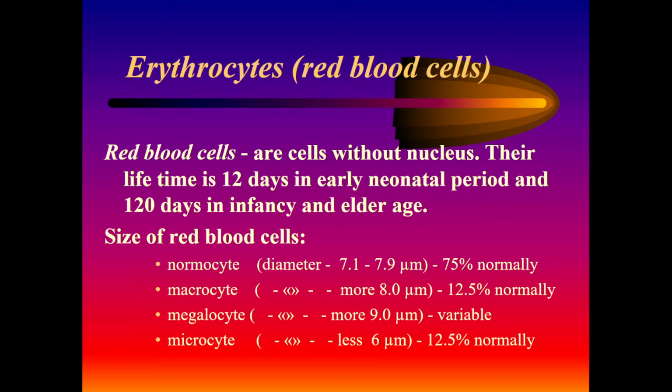Megalocytes are more than 9.0 micrometers in diameter, and microcytes less than 6 micrometers; they are also normally present among our red blood cell components.